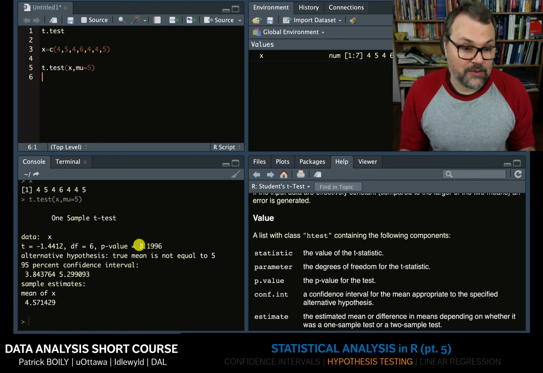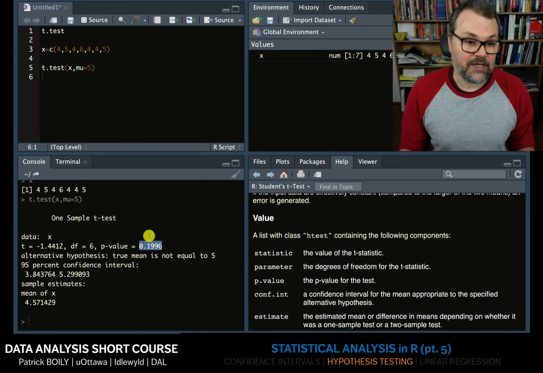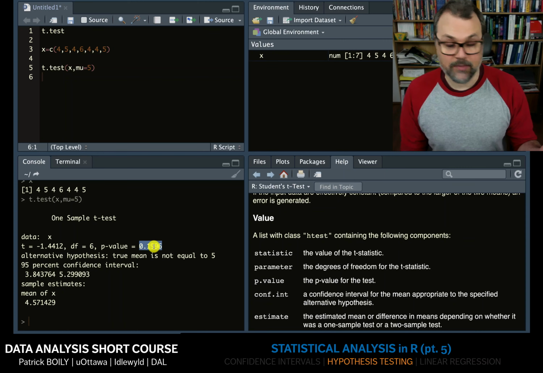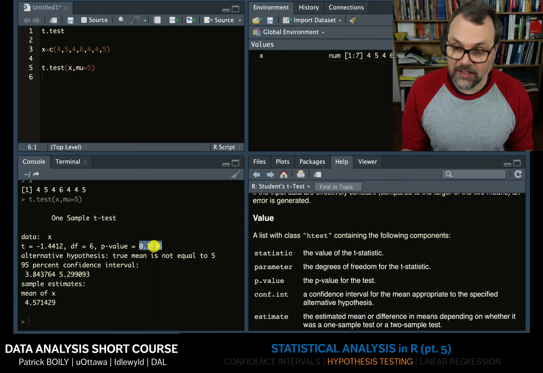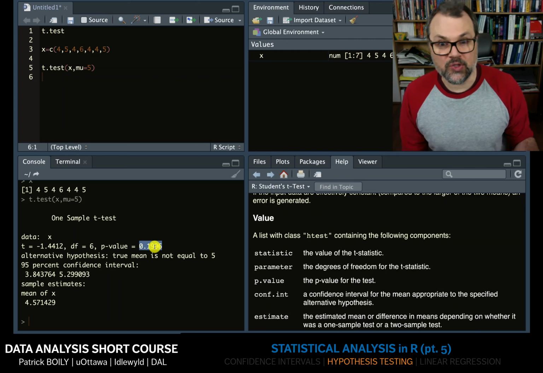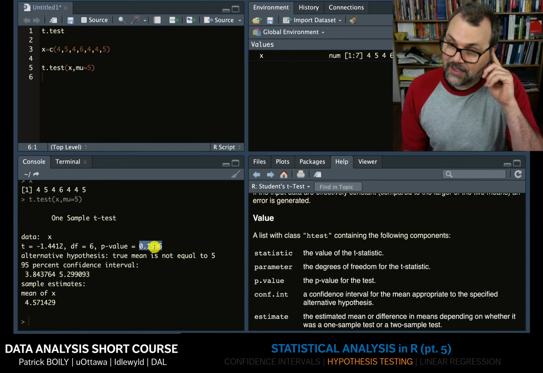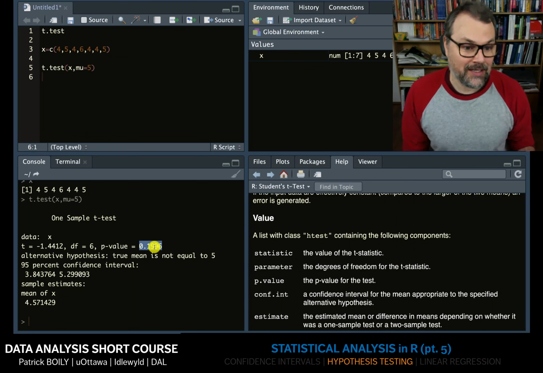This is basically also saying that I cannot reject the hypothesis at the 5% confidence level because the p-value is 20% and 20% is greater than 5. I could reject it at the 20% level. 19.96 is smaller than 20%, but we don't usually ask for that kind of confidence. There's not enough evidence in the data to categorically state that the true mean is not equal to 5.